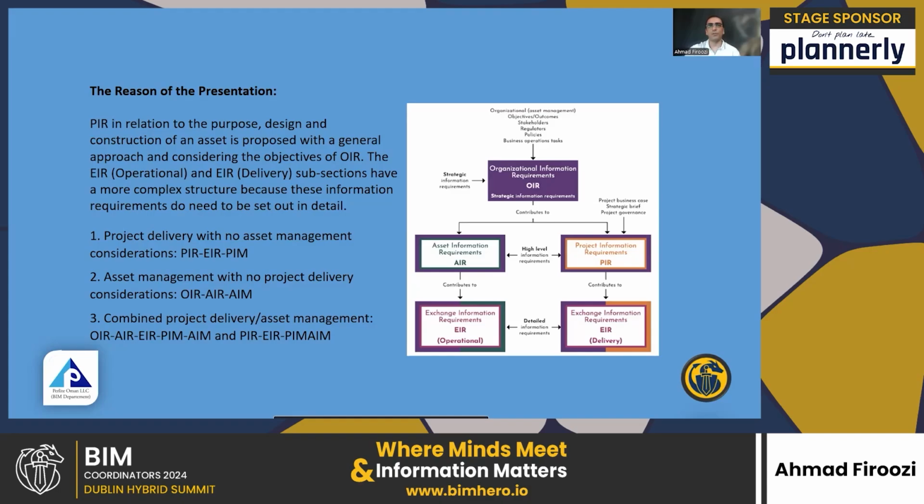PIR, in relation to the purpose, design, and construction of an asset, is proposed with a general approach, considering the objectives of OIR. The EIR operational and EIR delivery subsections have a more complex structure because these information requirements do need to be set out in detail.